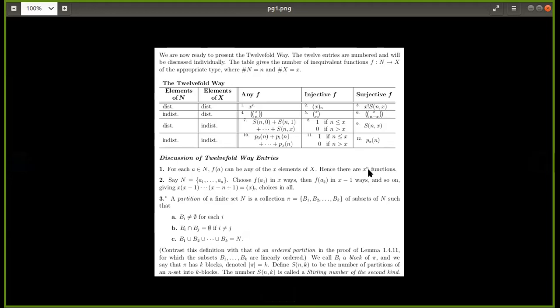All right. So these numbers which you see here, these small numbers, you see 1, 2, 3, 4, 5, 6, and so on up till 12.